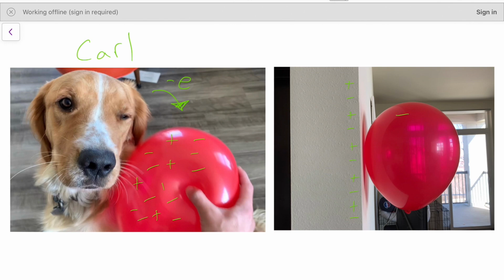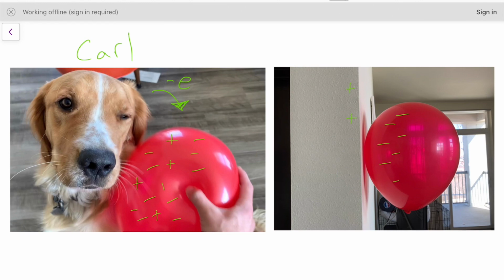If the balloon has a net overall negative charge, why does it want to stick to the wall? Well, let's look at the wall. The wall is also neutral, the same number of positive charges as negative charges. We know that the protons are positive and they can't move because they're very large. But what actually happens here is the electrons in the wall move.